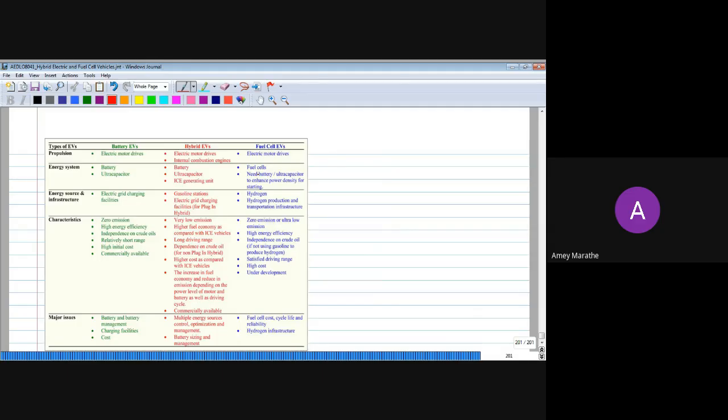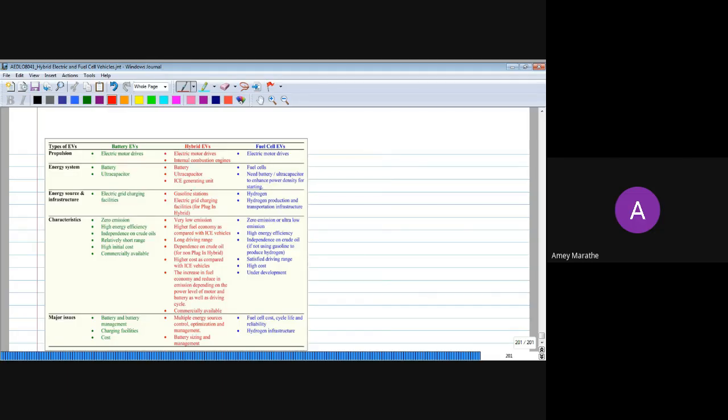In fuel cell, the fuel is hydrogen, which produces the electricity. It will need a battery or ultra capacitor to enhance the power density for starting, because initially we know that the power density is low. Then the energy source and the infrastructure. In a battery electric vehicle, we charge the battery from the grid.